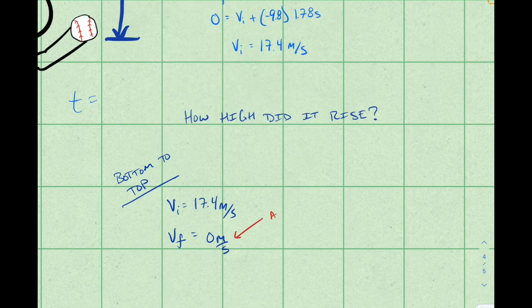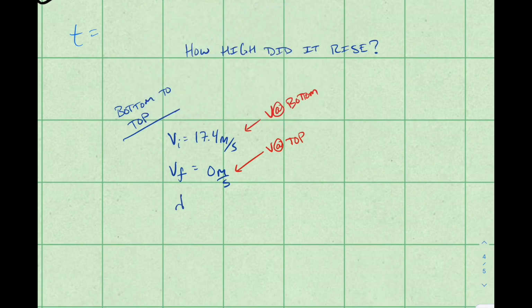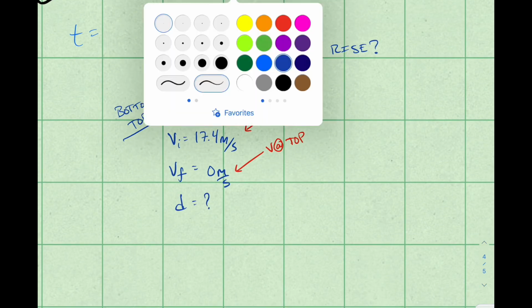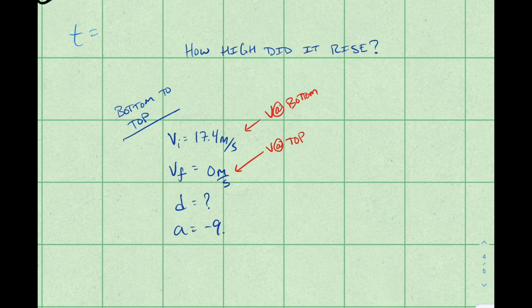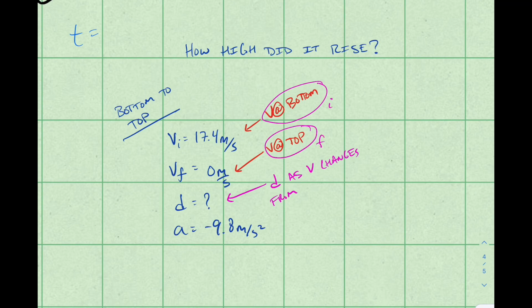So in this first example, we're going to start at the bottom and go to the top. So starting at the lowest point and ending at the highest point with that initial positive velocity going up and that final velocity being 0 at the highest point. This means that the velocity is changing from 17.4 meters per second at the bottom to 0 meters per second at the top as a result of that acceleration of negative 9.8.